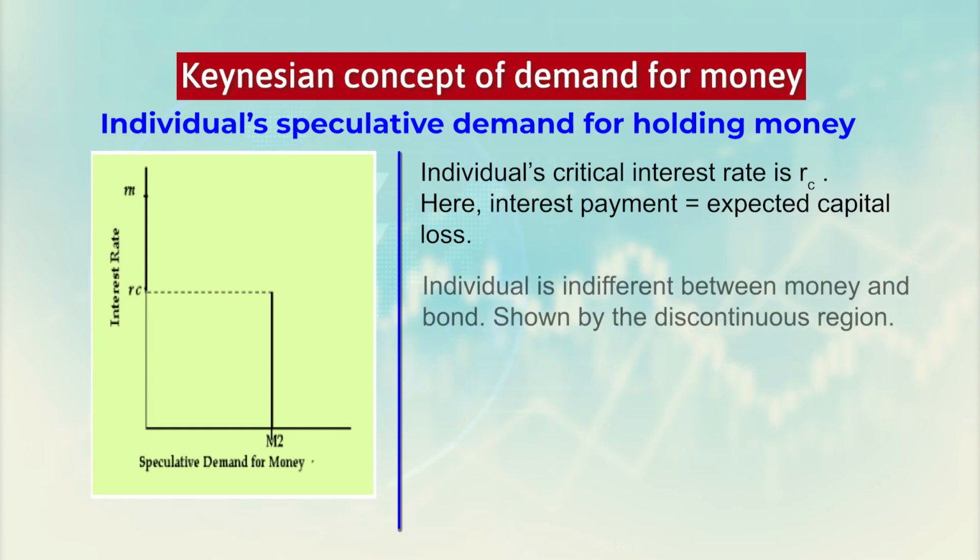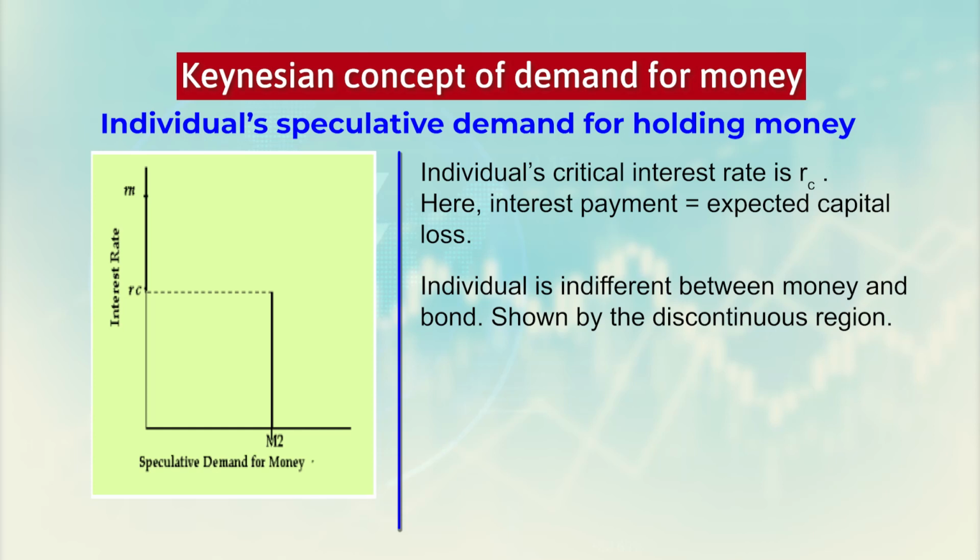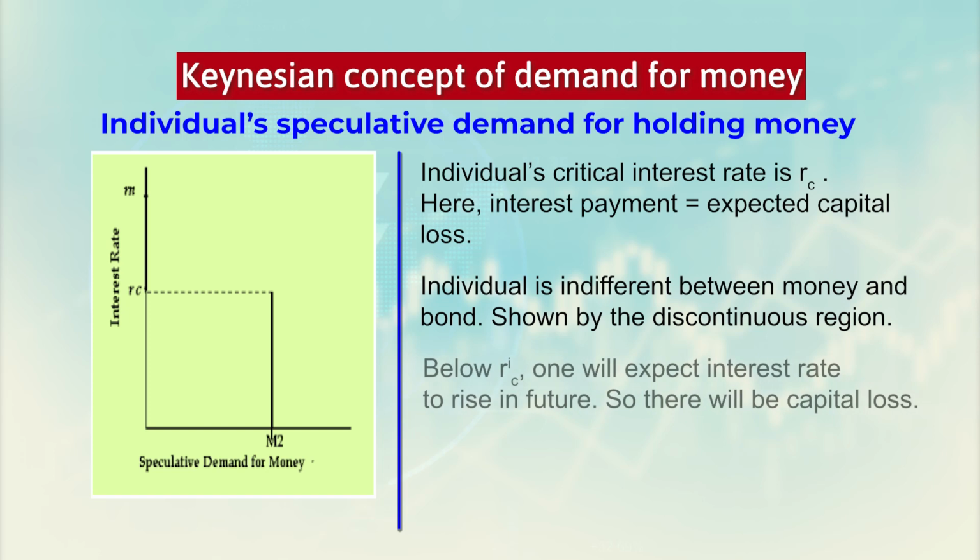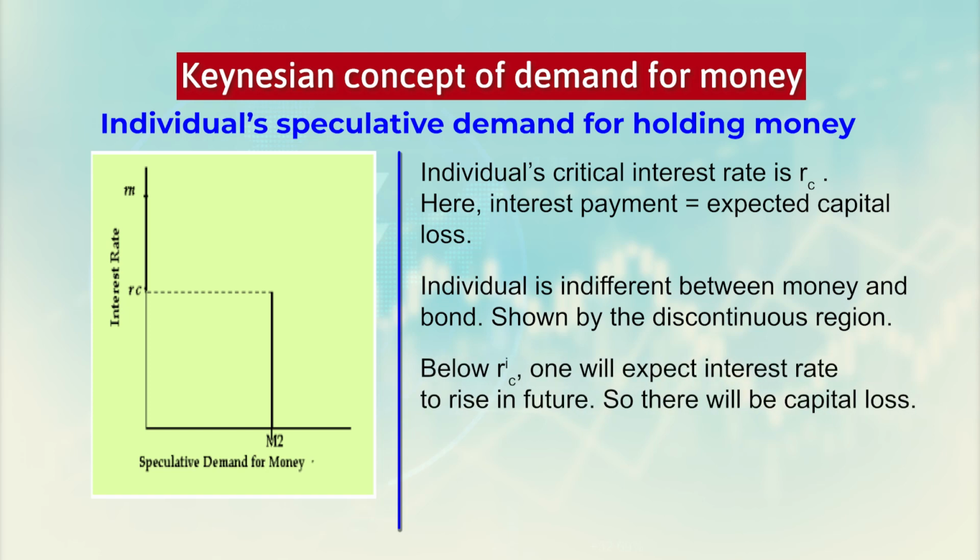People are essentially indifferent between speculative demand for money and other forms of money. So that is why at the level of Rc, I may have a discontinuous segment. But below Rc, I am just going to get a completely reverse thing from what I said before. When the interest rate goes down, people are reluctant to put money in the bank.